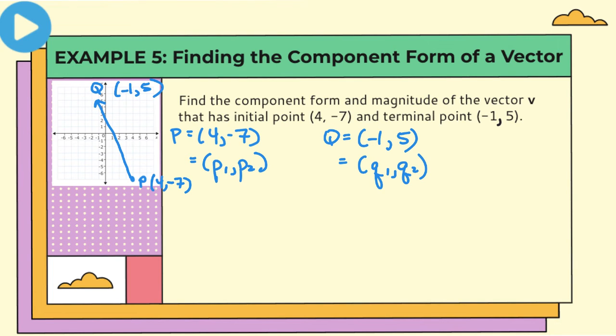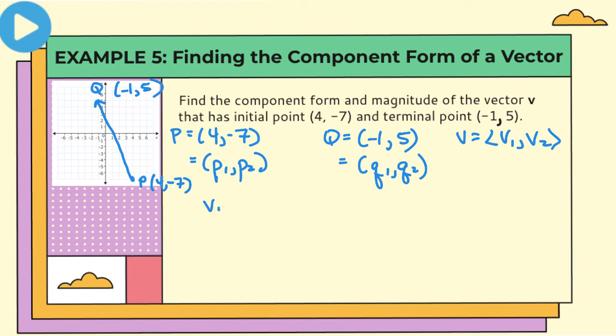As we see here in the picture. So now we're going to let our components of V equal V1, V2. So we have to find V1 and V2.